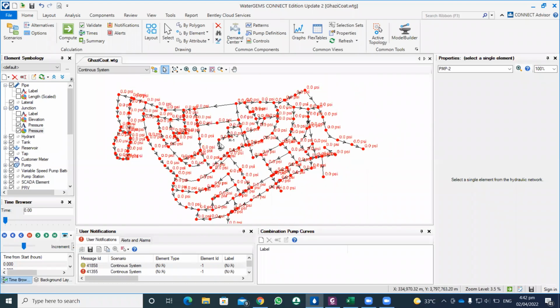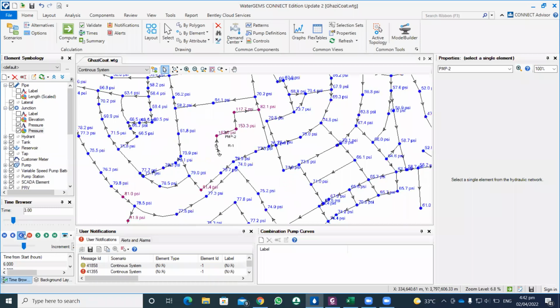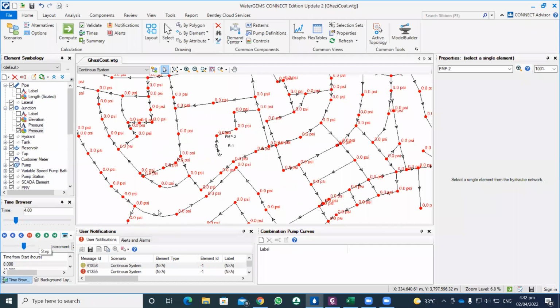In spite of that, I also want to show you that, for example, if I want to add a tank, you can observe here the values. These values are basically very high. You can also provide pressure reducing valves and isolation valves, different valves in the system, in order to control the supply of water through this pipe.